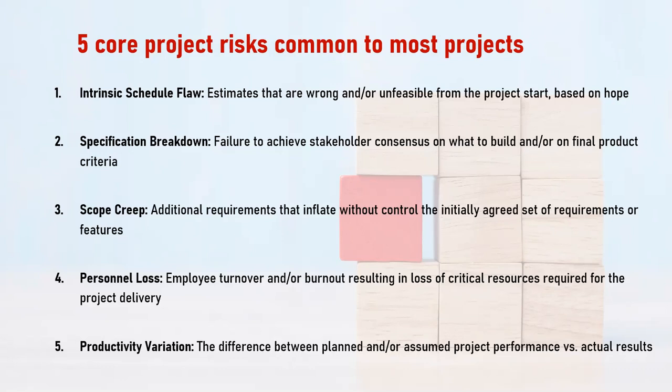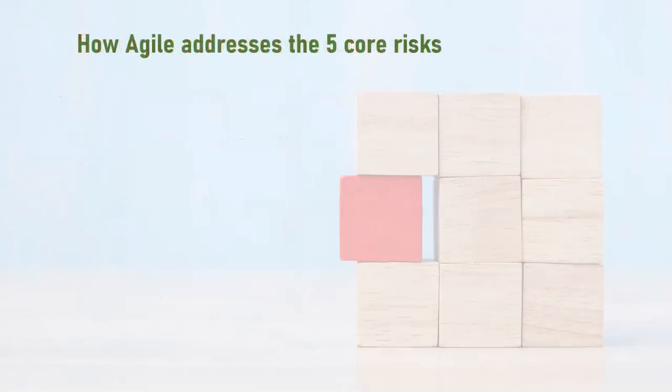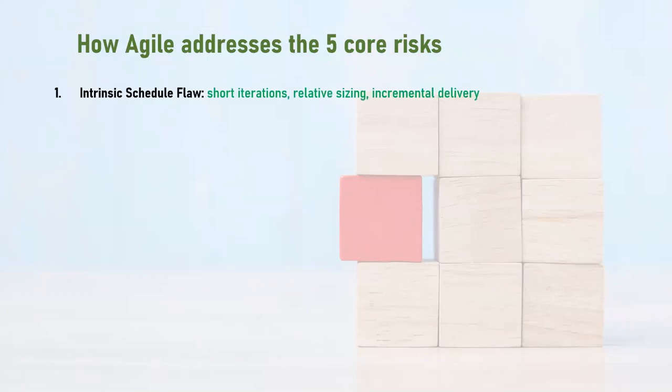Now, agility at large, according to the mindset, values, and principles, well done, addresses these things. The schedule flaw is addressed by shorter durations, relative sizing, incremental delivery. These things reduce that core risk in well thought out, well applied Agile.